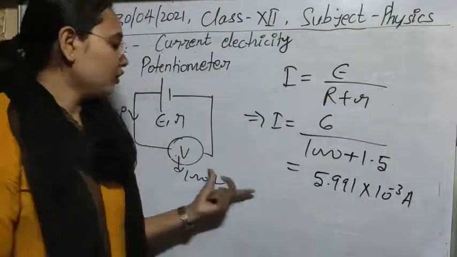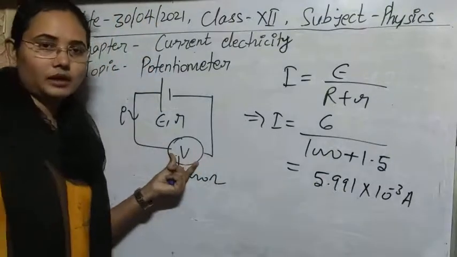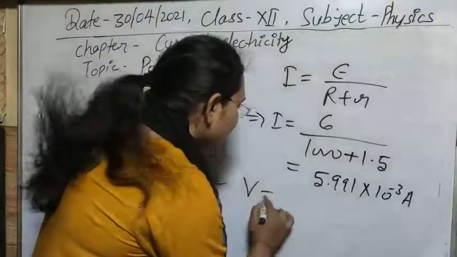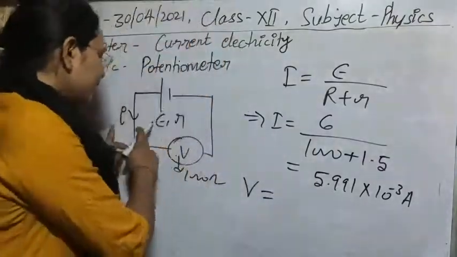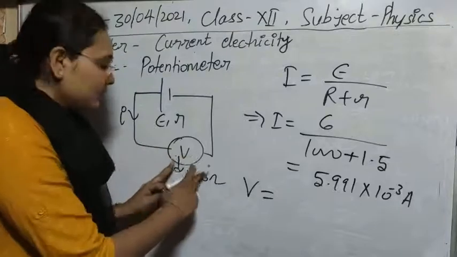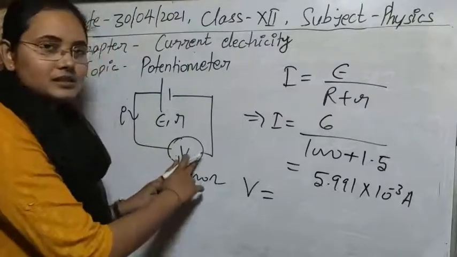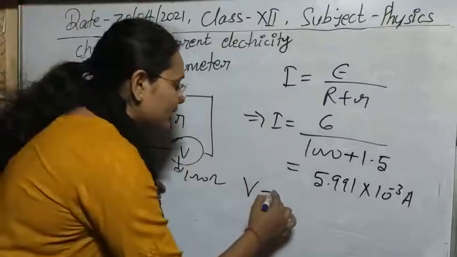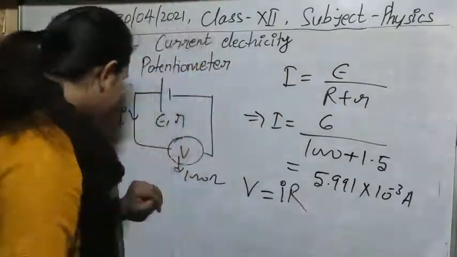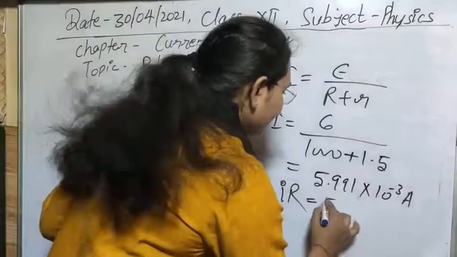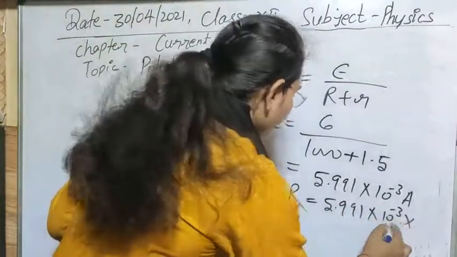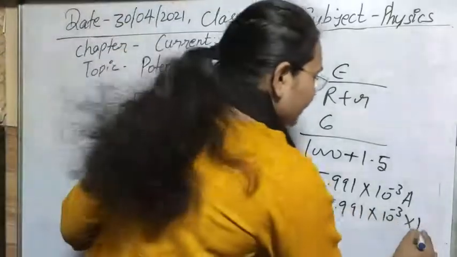Now we can find out the voltage that is measured by this voltmeter. Current I is flowing through this voltmeter, and the resistance is 1000 ohm, so by using Ohm's law we can write voltage V is I into R. The value of I is 5.991 into 10 to the power minus 3, into the value of R, that is 1000.